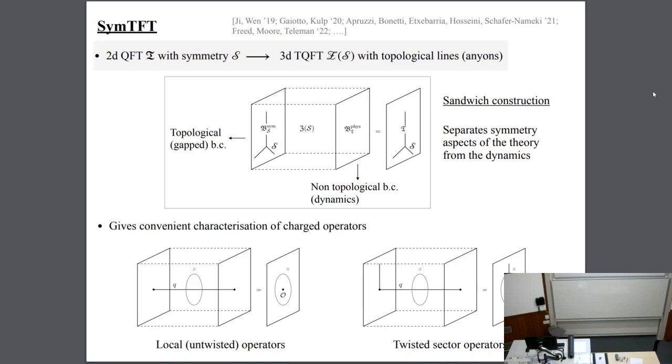Because then when I take the sandwich compactification, I get a local operator O. And the fact that this operator is charged under the symmetry comes from the fact that also the symmetry lines S come from anyons or topological lines in the SymTFT. And in particular, the line from which my operator comes from and the symmetry line have a non-trivial braiding in this 3D TQFT. And this braiding in the 3D TQFT becomes the charge of the operator in the 2D theory. So in this way, we can encode charged operators.